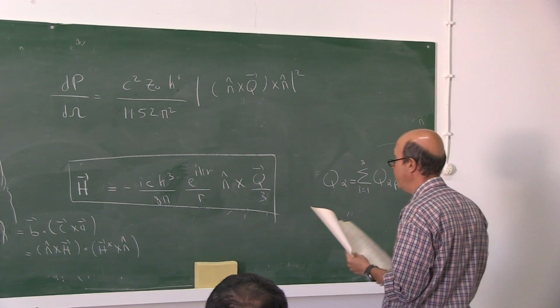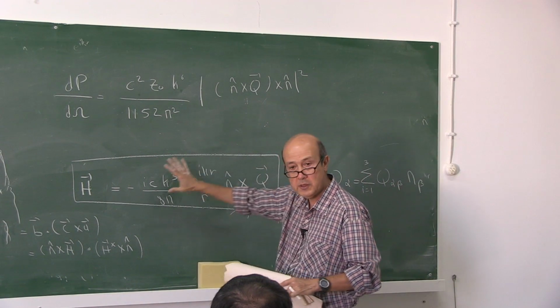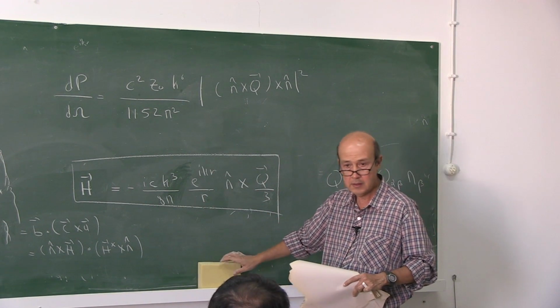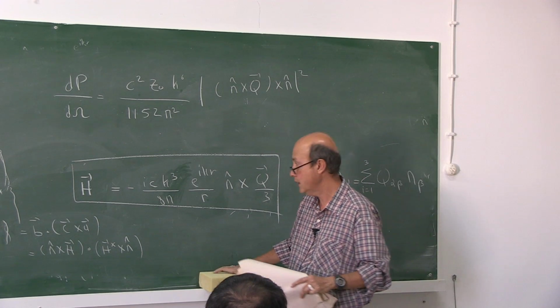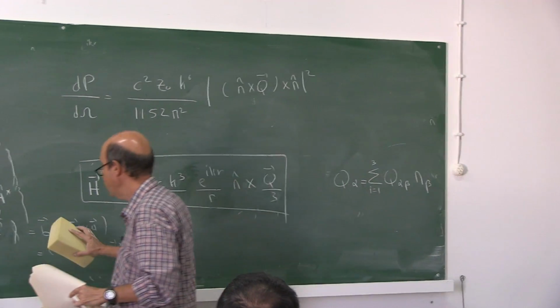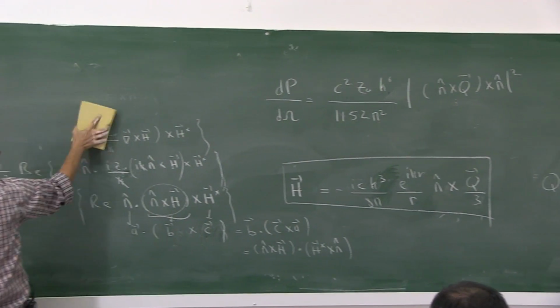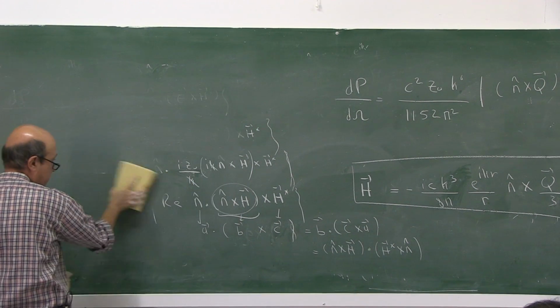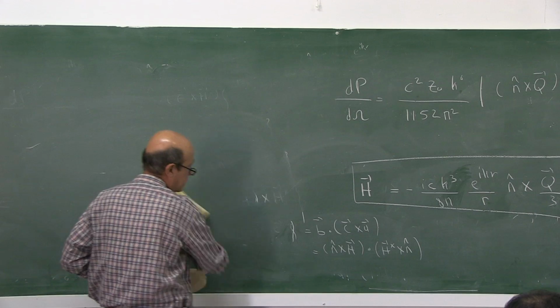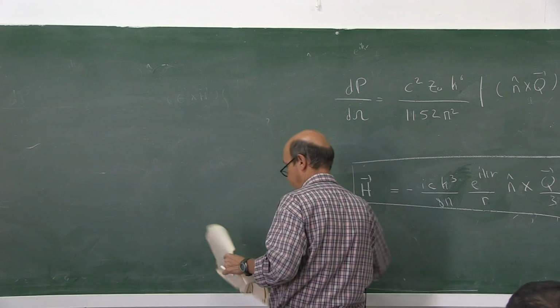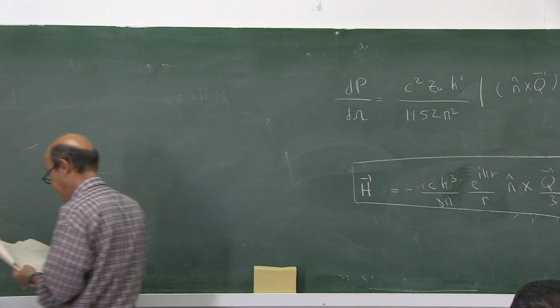The one more step is the following. Do you have any question here? Okay. So one more step, calculate the N cross Q cross N. Let me do this again very quickly.